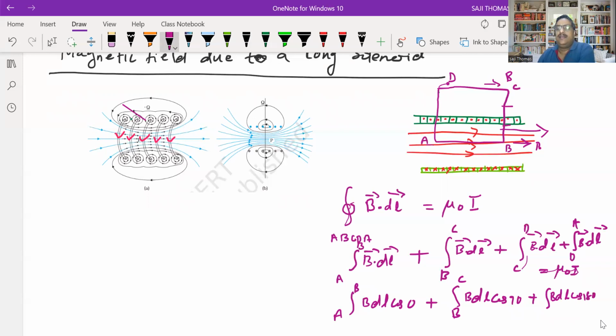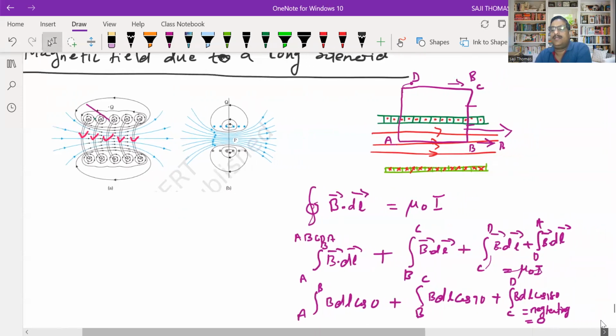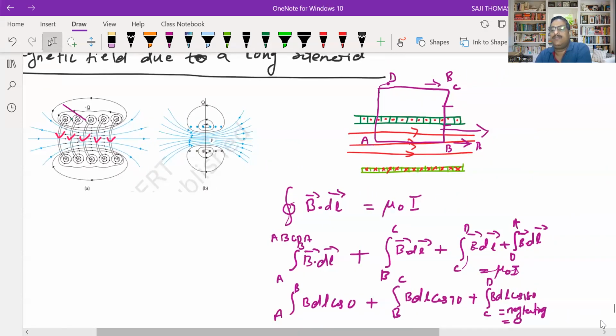So integral C to D, B dl cos 180, I am neglecting. Why are we neglecting it? We can take it as 0 because the part CD is far away from the center.